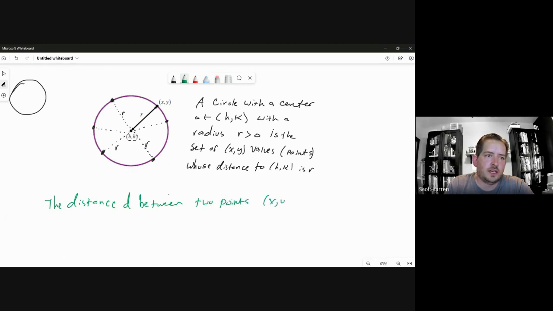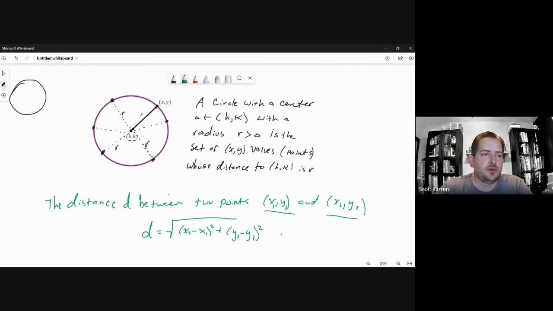Let's call them x1, y1 and x2, y2. This is a way of just denoting that point 1 has x1 and y1 values, and point 2 has x2, y2 values. They're just general values. But the distance between these two is given by d equals the square root of (x2 minus x1) squared plus (y2 minus y1) squared.